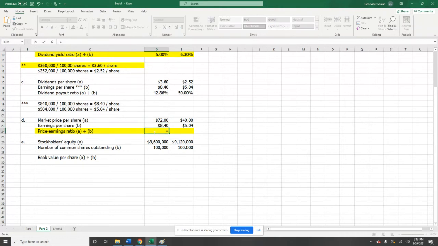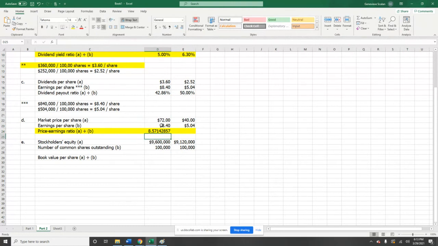In this case, the PE ratio for the current year is equal to what we pay per share, which is 72, divided by our EPS, which was 8.40. So I'm just going to round that to 8.57.